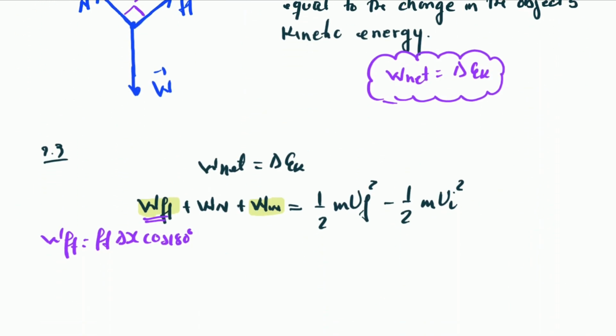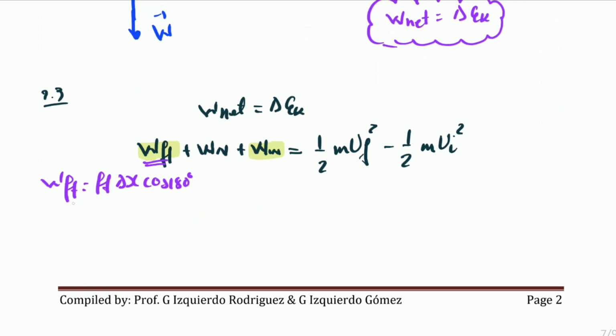So we come here and we substitute what we have. The frictional force is 100. We don't have the displacement, and we have cosine of 180 degrees. So this is the work done by the frictional force. We cannot go further because we have two unknowns. We have this one and we have that.